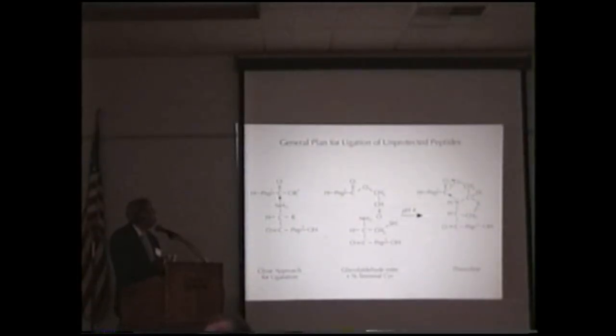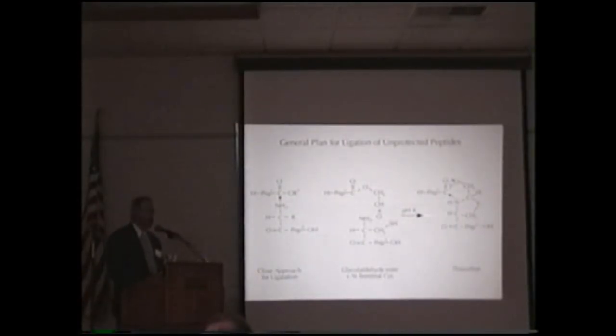And by doing that, you bring the nitrogen group very close to the carbonyl, and in the transition state of that reaction, you have these two 5-membered rings. So that was the goal, and he actually has been able to do that and to put sizable peptides together. Not yet a big protein, but this is a new approach that's being used by a lot of people.